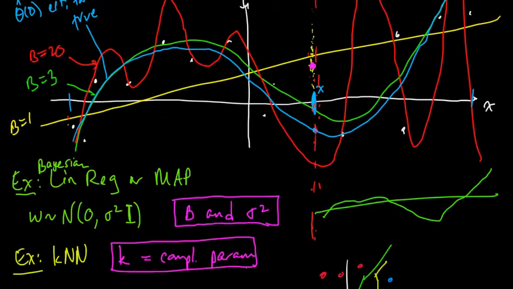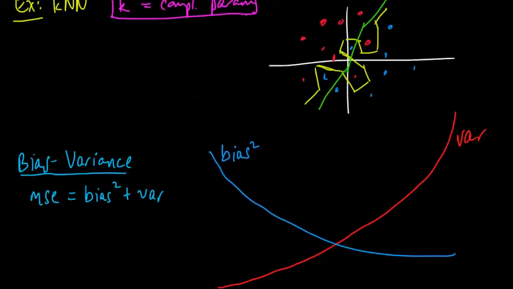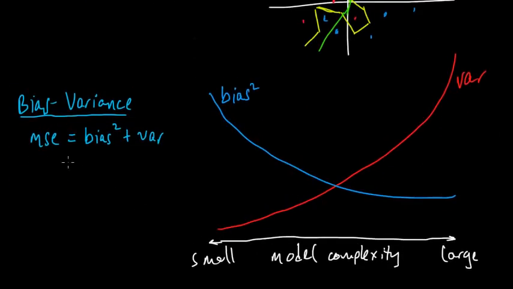And in order to minimize your mean squared error, you want to find some appropriate trade-off. I drew these curves sort of suggestively, sort of convex like this, because oftentimes what ends up happening is that the sum of these has this sort of shape where there's an optimal point.